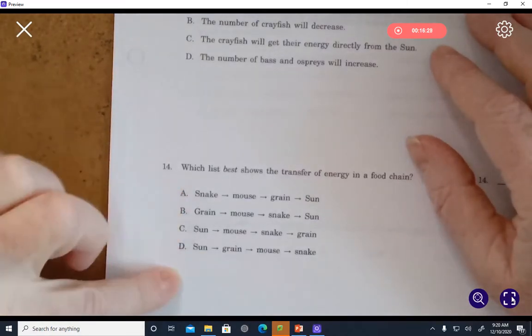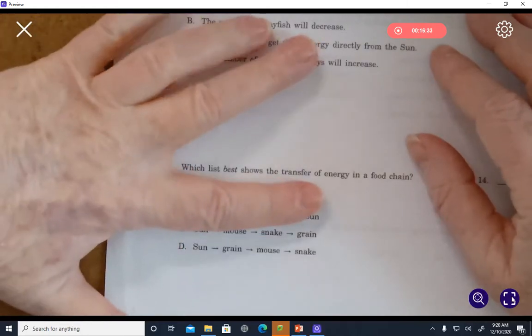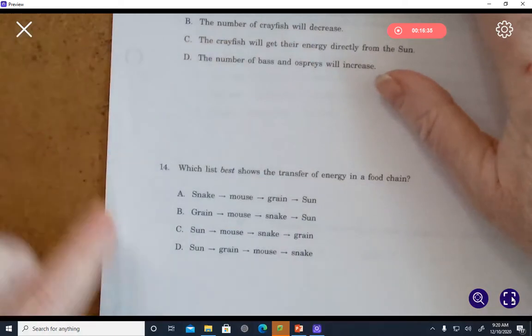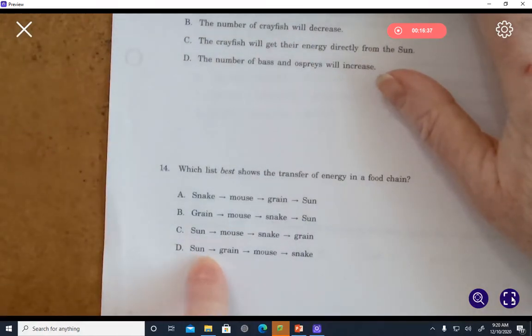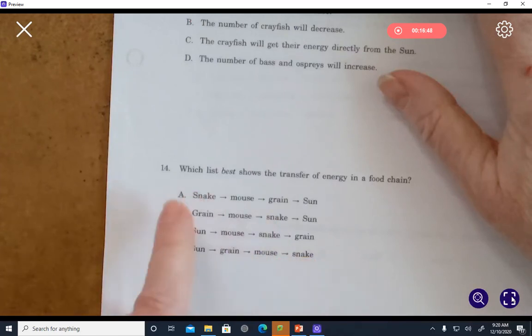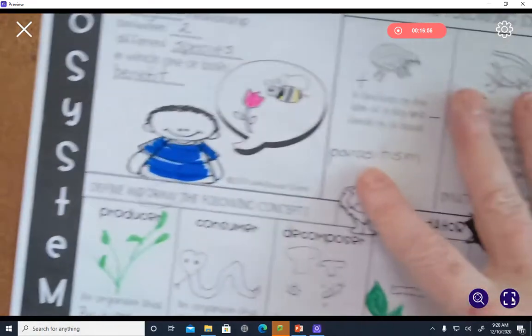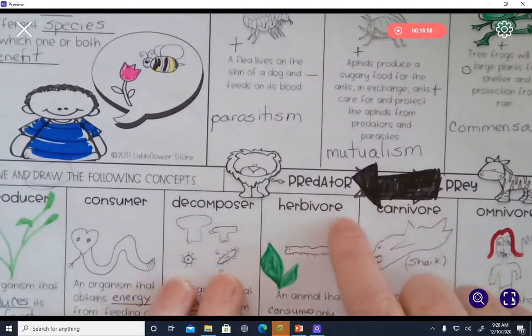Looking at these, you should know that it starts with the sun, so it's C or D. The sun goes to plants, not to a mouse, because a mouse is a consumer. So this would make this one the right answer: sun, grain, mouse, snake. But this one is sort of the same organisms. The only thing different is how the arrows work. I never know from one year to the next what they're going to do, so I think that's an important concept.